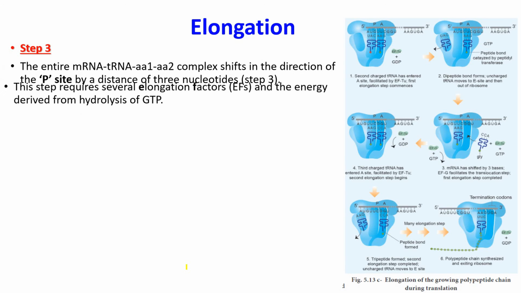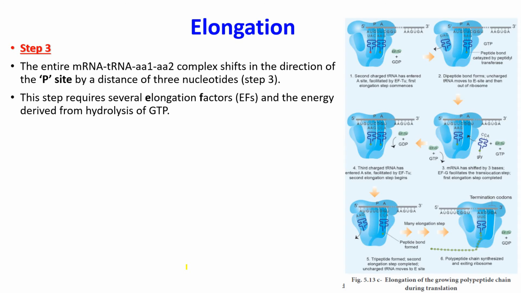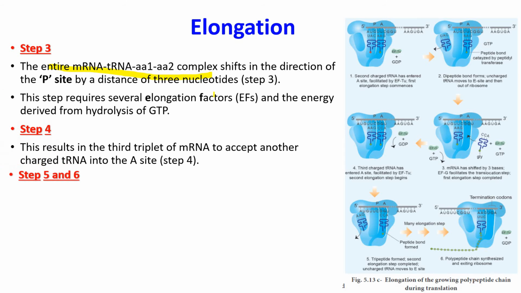Step 3, the entire mRNA, tRNA, amino acid 1, amino acid 2, this complex shift the direction of P site by a distance of 3 nucleotide. The step requires several elongation factor and the energy derived from hydrolysis of GTP.